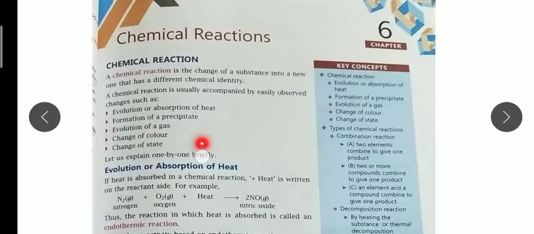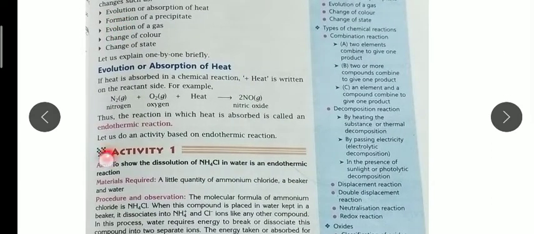The reactant and the product's colors are different after the reaction, and it also changes the state. The physical state of the reactant and product also changes after the chemical reaction. So one by one I am going to explain to you.